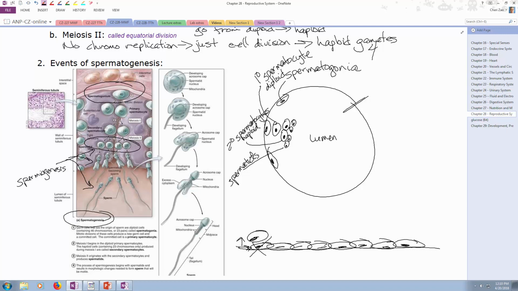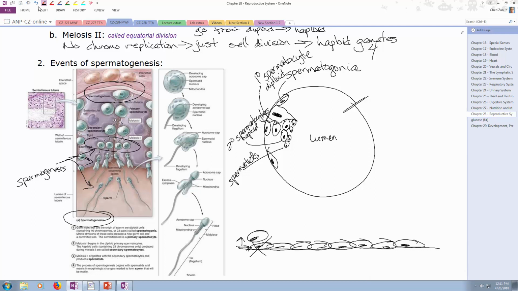What I'm going to add to my drawing up above is a really unusual cell. It's called a sustentacular or Sertoli cell. It's a really long cell. It starts at the basement membrane and goes all the way towards the lumen, and it has a long nucleus.